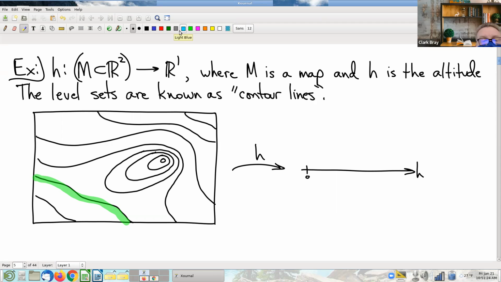Then maybe this line is where the altitude is 200 feet, and this line 300 feet, et cetera. Drawing lines like this allows you to see that there's a mountaintop there, perhaps.